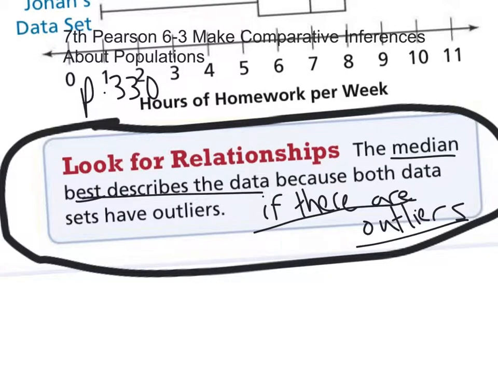The problem is if we do the mean, and we have an outlier, that mean or average is going to be changed a lot by our outliers. For example, we get a 0% because we didn't do an assignment.